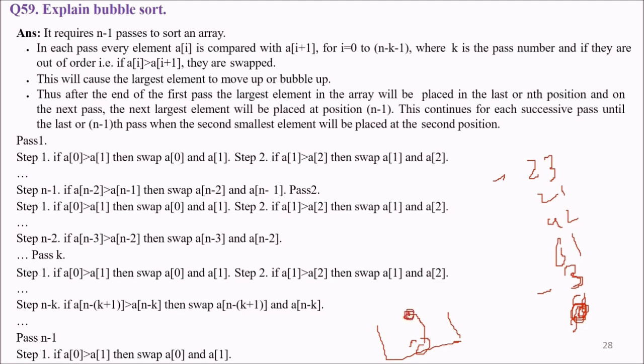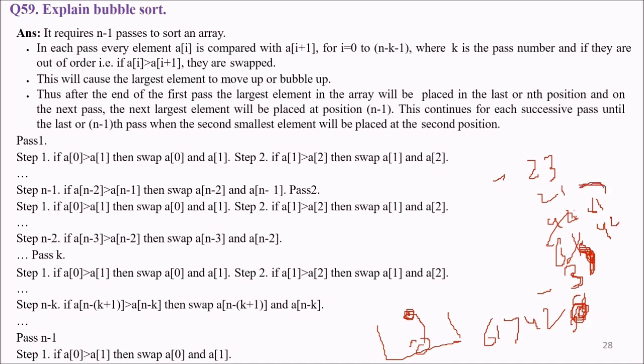So what we do here is, we compare 3 to 61. Which is the greater one? 61. So 61 and 3 will not be swapped. Let us see 42 and 61. 61 is greater than 42, so now 61 and 42 will be swapped. 61 will come here and 42 will come here.